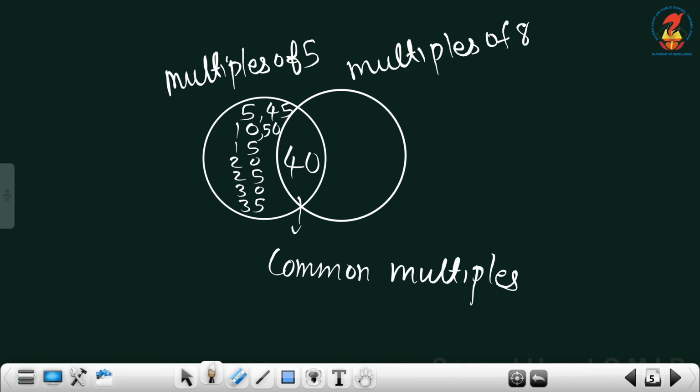And the next one, the multiples of 8. The next one is 16, and the next is 8 threes are 24, and 8 fours are 32, and 8 fives are 40 here, 8 sixes are 48, and 8 sevens are 56, and 8 eights are 64, 8 nines are 72, 8 tens are 80.